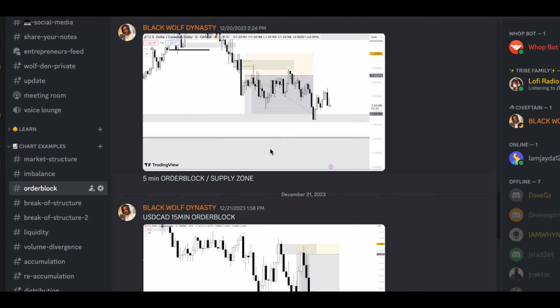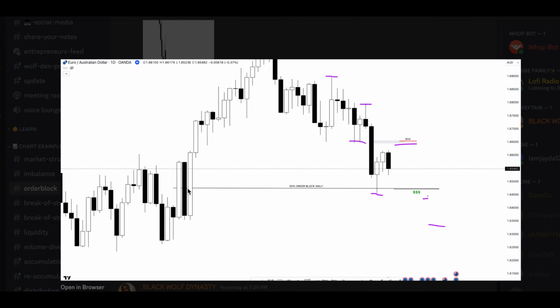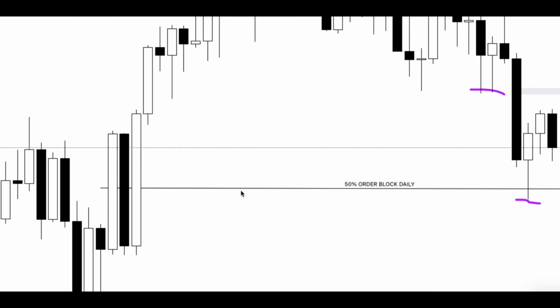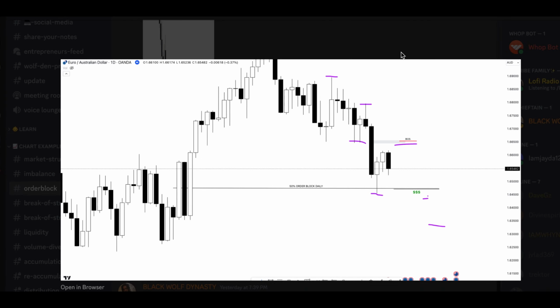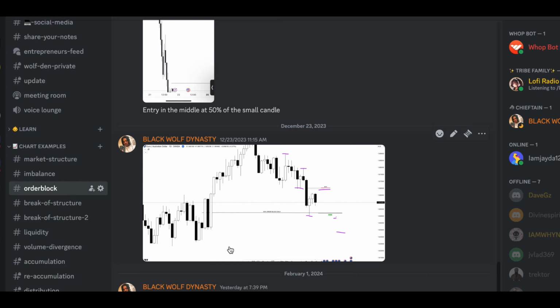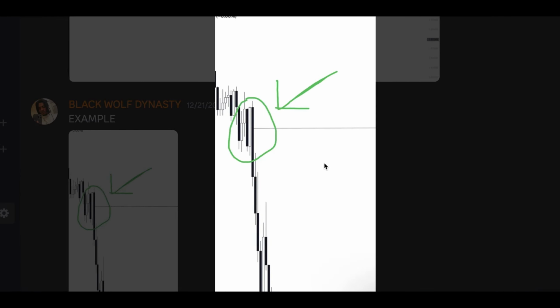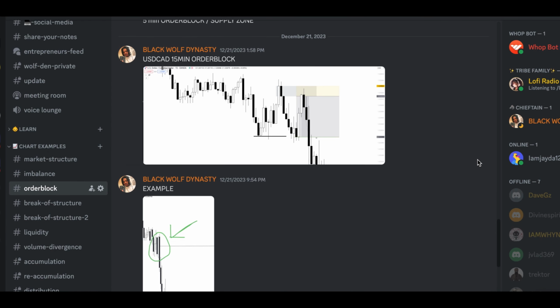In these order blocks, 50% of the smaller white candle, which was engulfing the black candle, got filled on the higher time frame, in this image the daily. And here's another one. Typically you want order blocks to look like this, and we trade only order blocks and imbalances in this group.